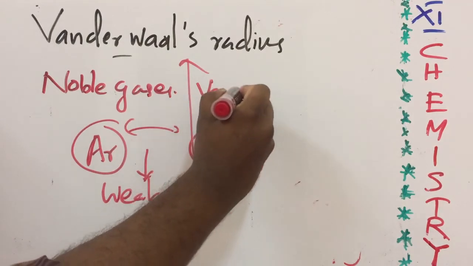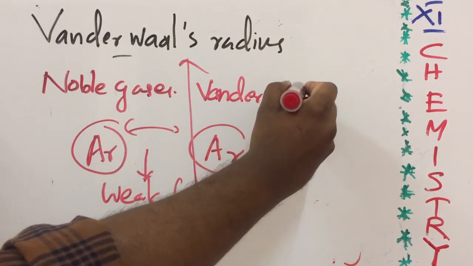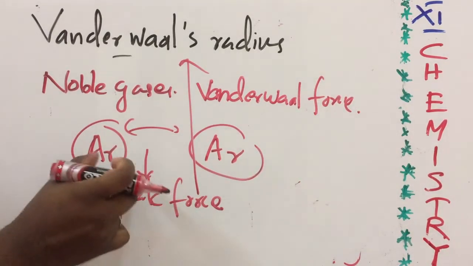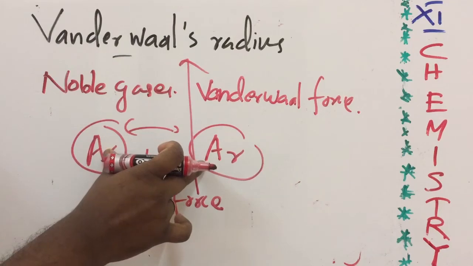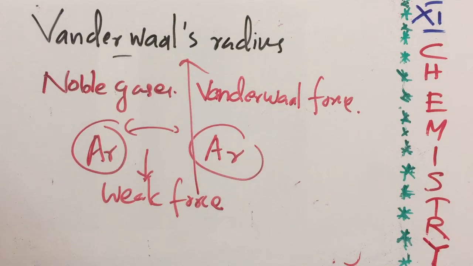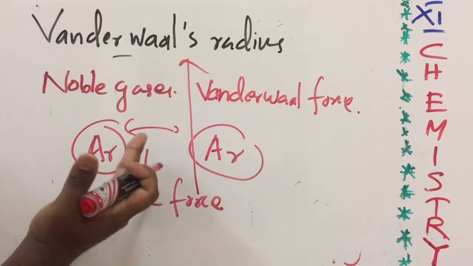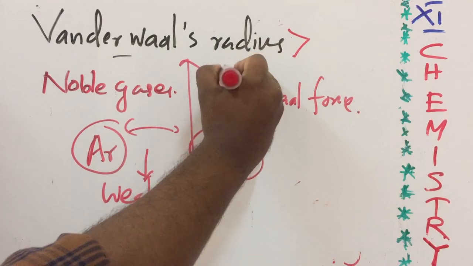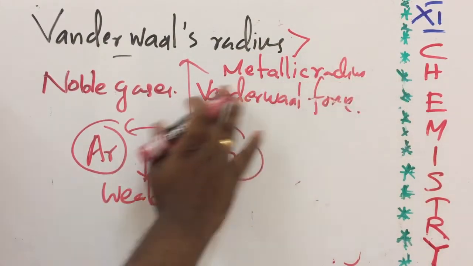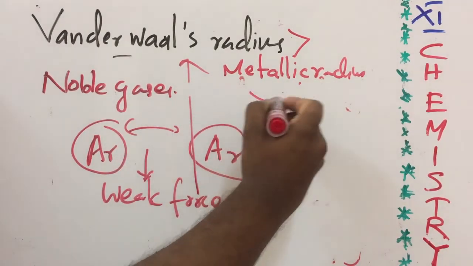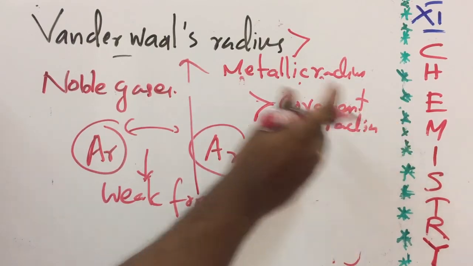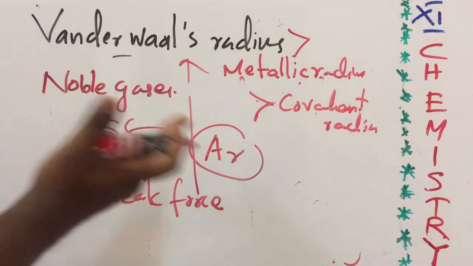So this distance will give an idea about the radius of argon, and that radius is called van der Waals radius. From the picture it is very clear that van der Waals radius is greater than metallic radius, greater than covalent radius. So van der Waals radius is found to be higher than the other radii.